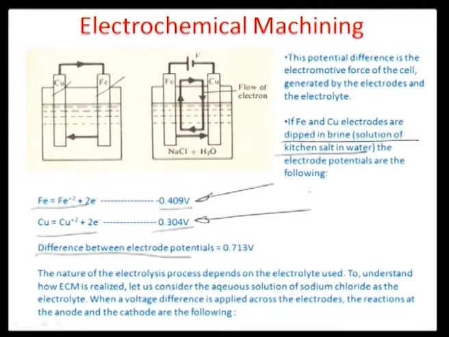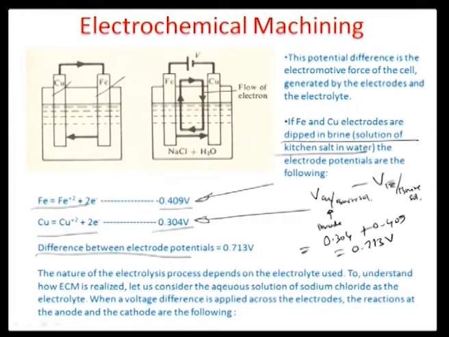So it is basically the potential of the copper in brine solution minus the potential of Fe with respect to the brine solution. The anode is placed higher in the electroactivity series. Therefore, this becomes equal to 0.304 plus 0.409, which is 0.713 volts.